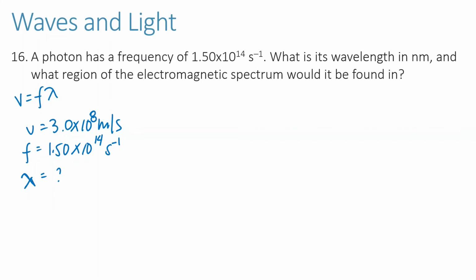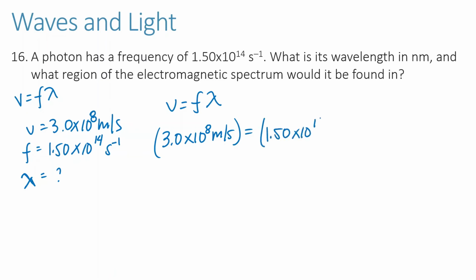So if I have this equation, v equals f times wavelength, my velocity is 3 times 10 to the 8 meters per second. That is equal to 1.50 times 10 to the 14 per second, hertz, and times my wavelength here.